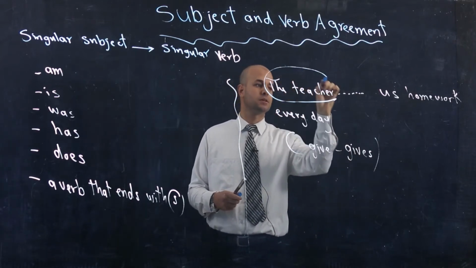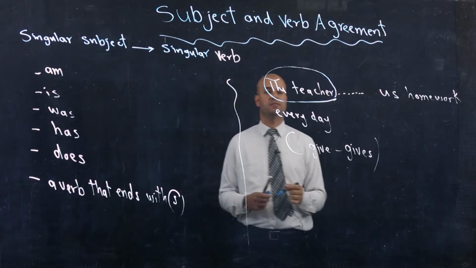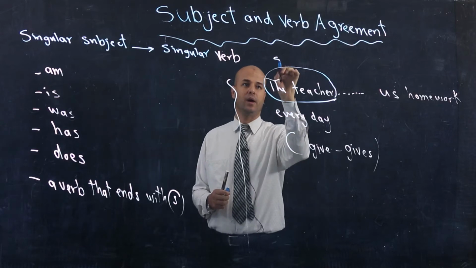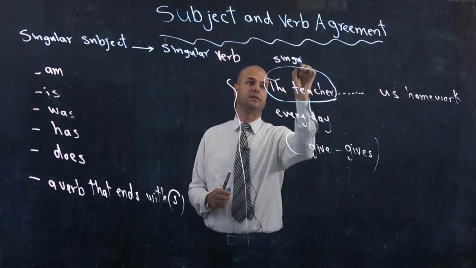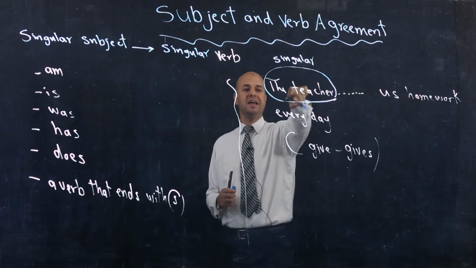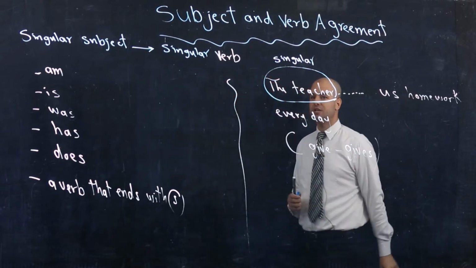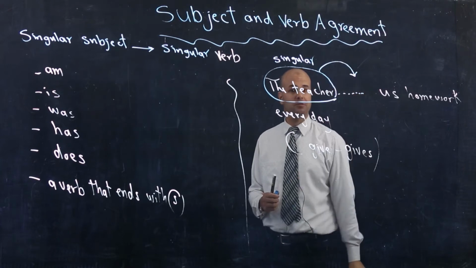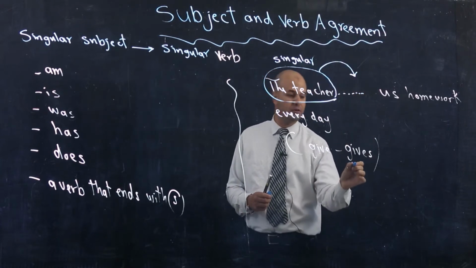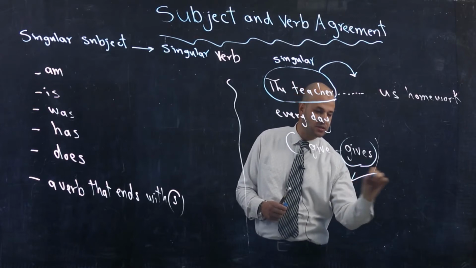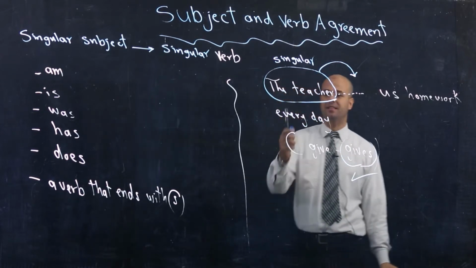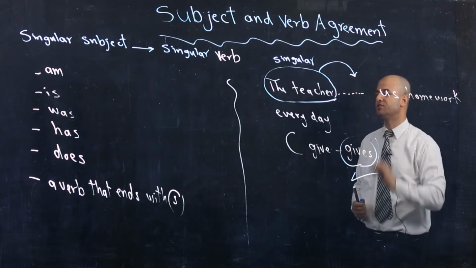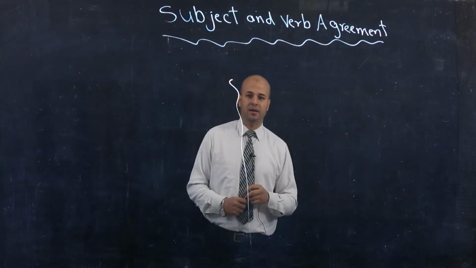Right, excellent. What kind of subject do we have? It's a singular. So if I have a singular subject, it must be followed by a verb that ends with s. So I say the teacher gives. The teacher gives. Right? Okay.